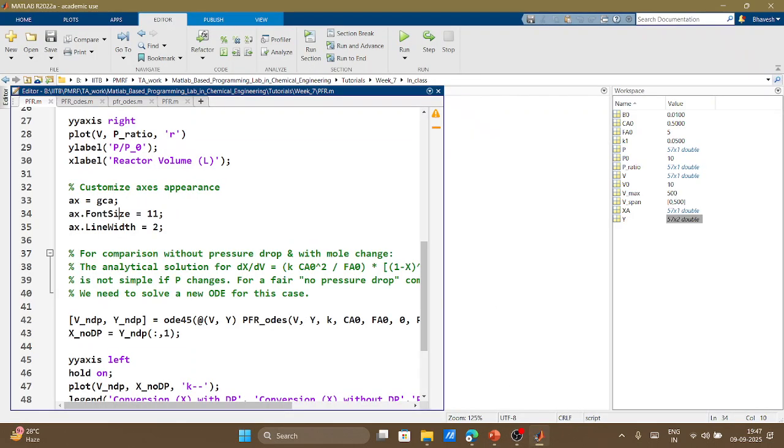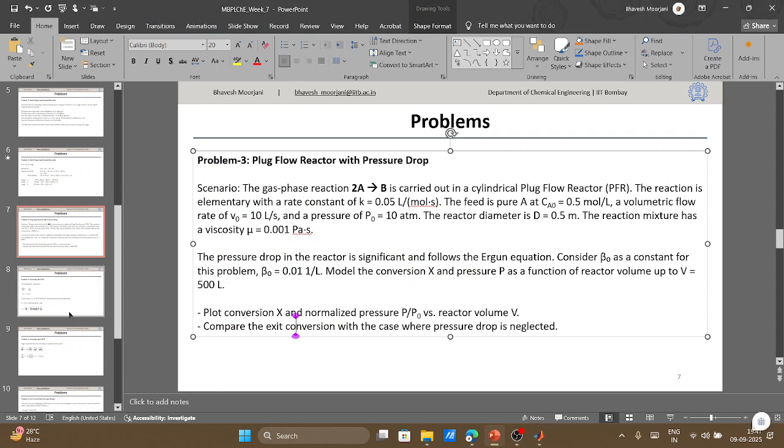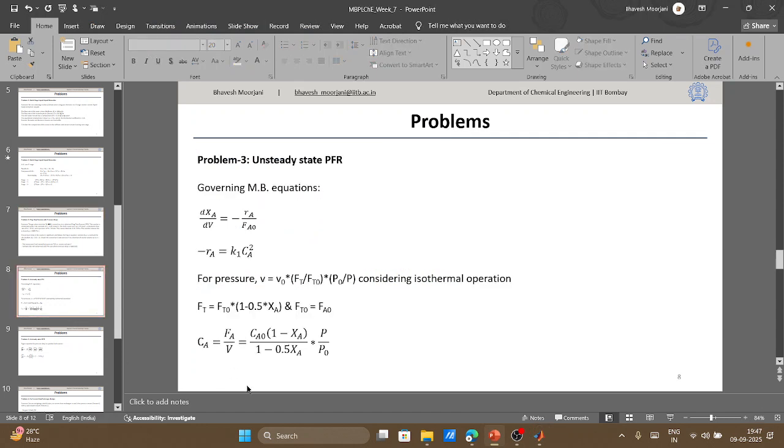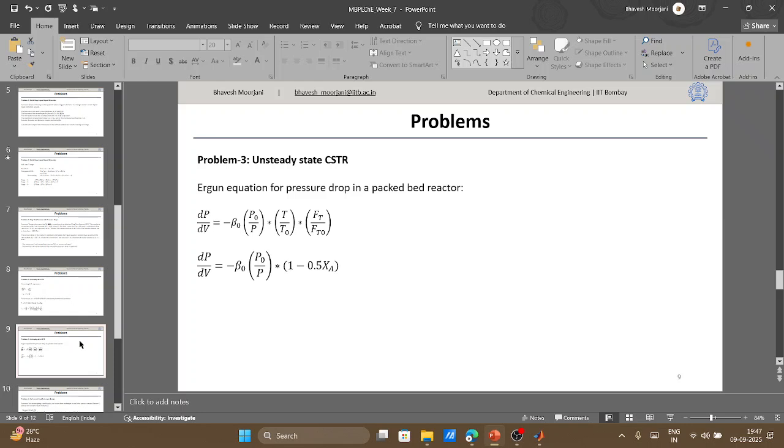So if I ignore the pressure drop in our equation, then P and P naught become the same, so this term will go away, but my CA will remain the same. Only the P by P naught term is not there. The rest of the equation will also remain the same. If I don't have change in the pressure, then my second differential equation dP by dV should not exist, right?